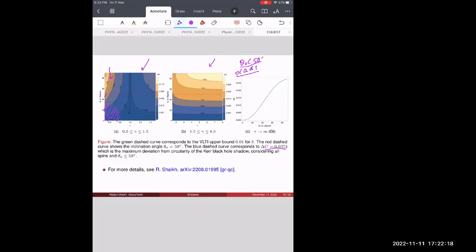But in this small parameter region, notice that the delta C of this gamma metric is greater than that of the Kerr black hole. So this parameter region is excluded, but all other parameter regions are allowed.